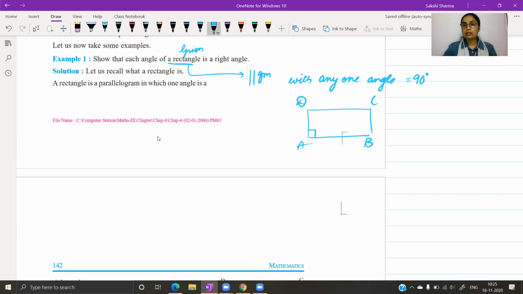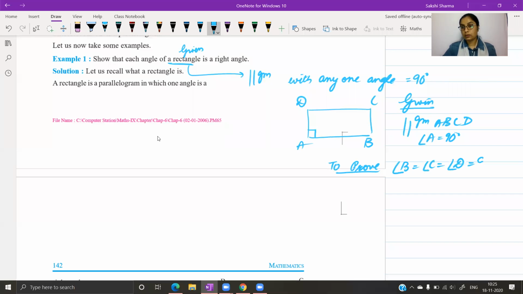Let us say in parallelogram ABCD we have angle A as 90 degrees. This is what's given to us, and we would like to prove that the remaining three angles are also 90 degrees in measure.